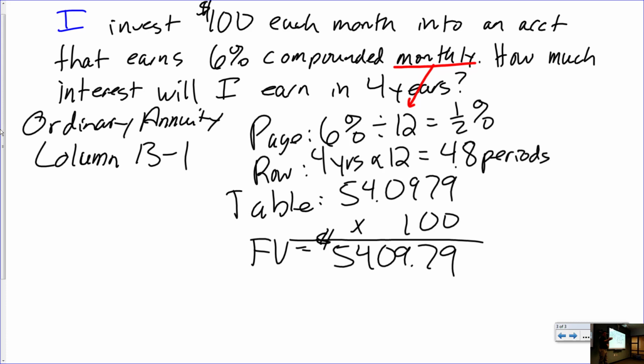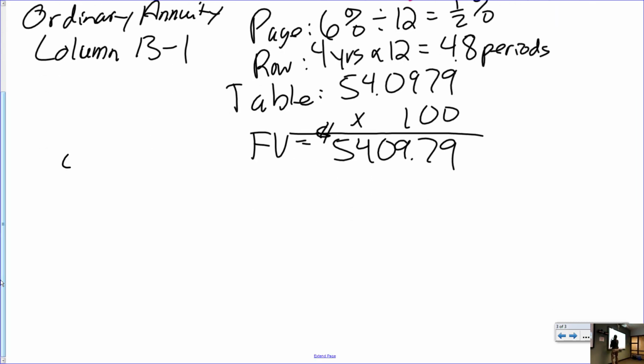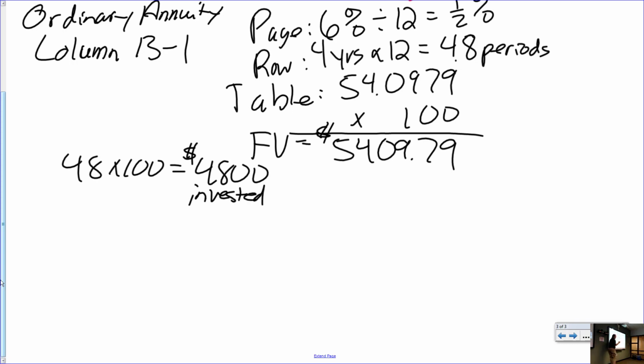Why is that? 48 periods times 100. That means I'm investing 48 times, $100 each. I put $4,800 in there, subtract that off, okay?